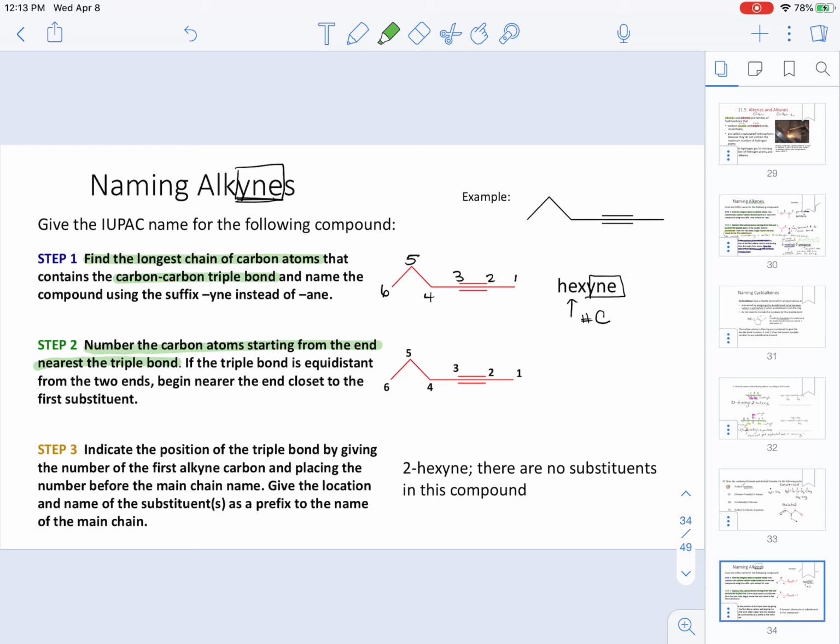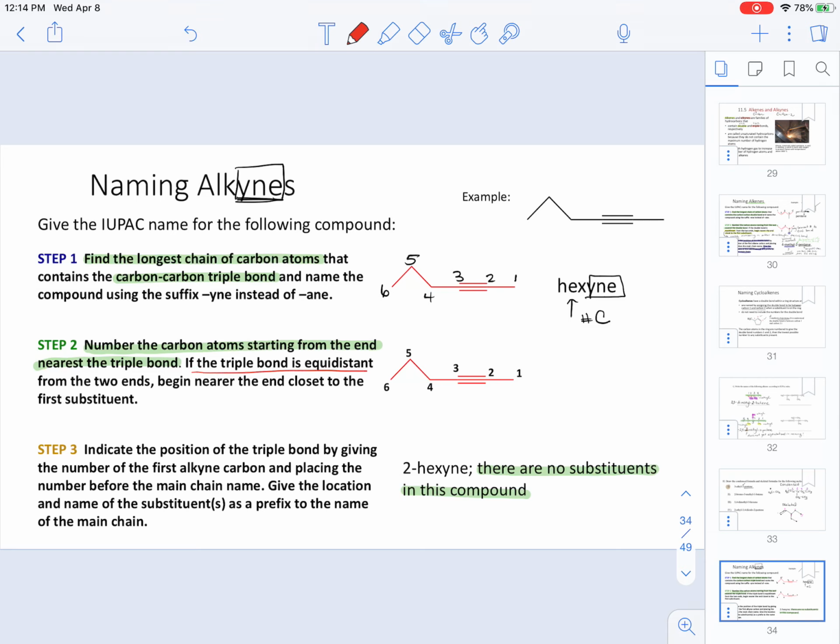If the triple bond is equidistant from the two ends, you're going to begin from the end that is nearer to the closest first substituent. In this case, we do not have substituents, so we need to only give the priority to the carbon-carbon triple bond. But in general, when you're numbering, you have to do it from the end that is nearest the carbon-carbon triple bond, and only if you have equidistant.